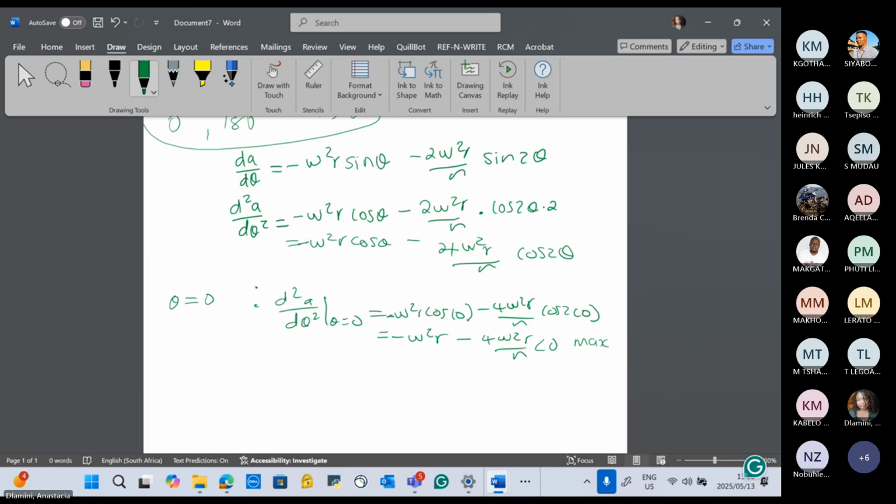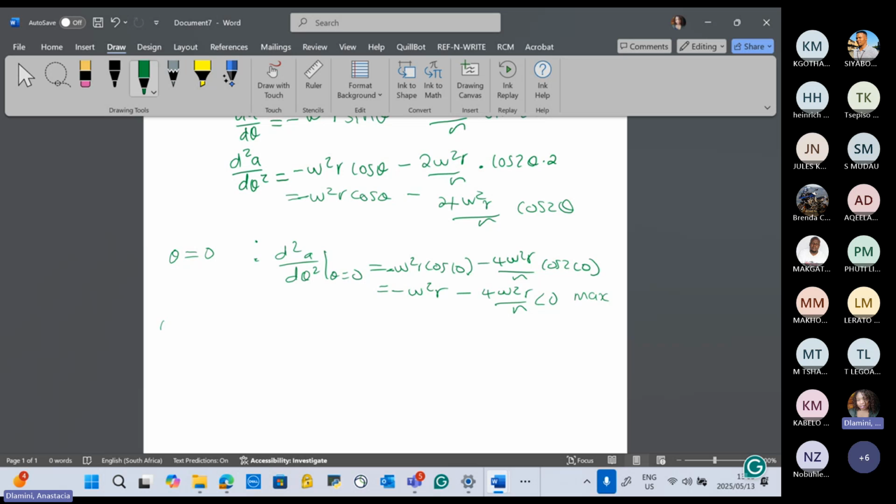Are we all together? Yes, ma'am. Okay. Now, if theta equals 180 degrees, what do we get? The cos will be minus 1. So this will be minus w squared r, so it becomes positive.